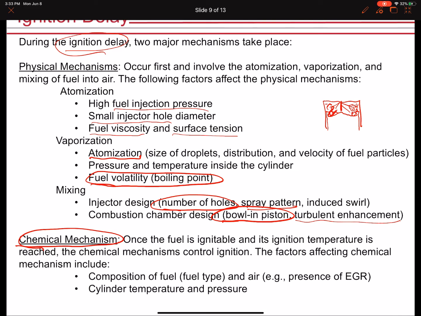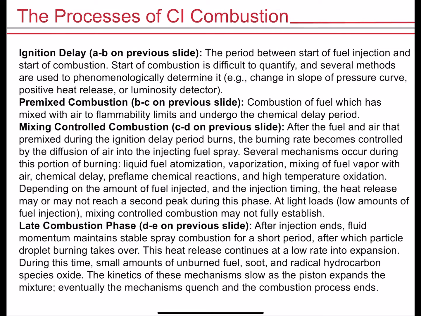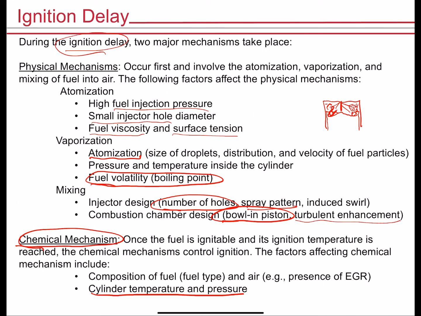And so that depends more on the composition of the fuel, the fuel type and the air. We talked about this a little bit in the spark ignition combustion chapter. And of course, your in-cylinder conditions also play a role in accelerating or decelerating that ignition delay.